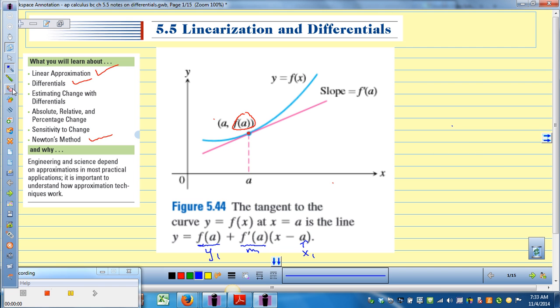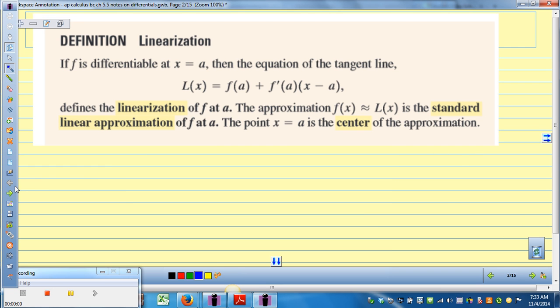Okay, so let's look at what we have. I only put this on here because there's some terminology that we just need to be familiar with. This L of x is our equation of the tangent line. And as we said, it's just point slope solved for y. So it's exactly what we've been doing.